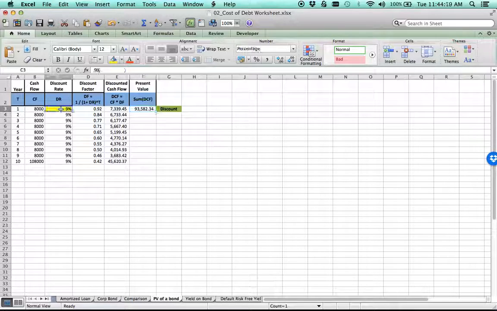Or we could say, well, maybe it's not such a risky company and maybe 8% is too high. 7% seems reasonable. So I'd put that in there. And if we take the present value of all these payments at 7% and sum them together, it winds up to be $170,023.58. And so it's selling for more than the $100,000 face value. It's called a premium bond.